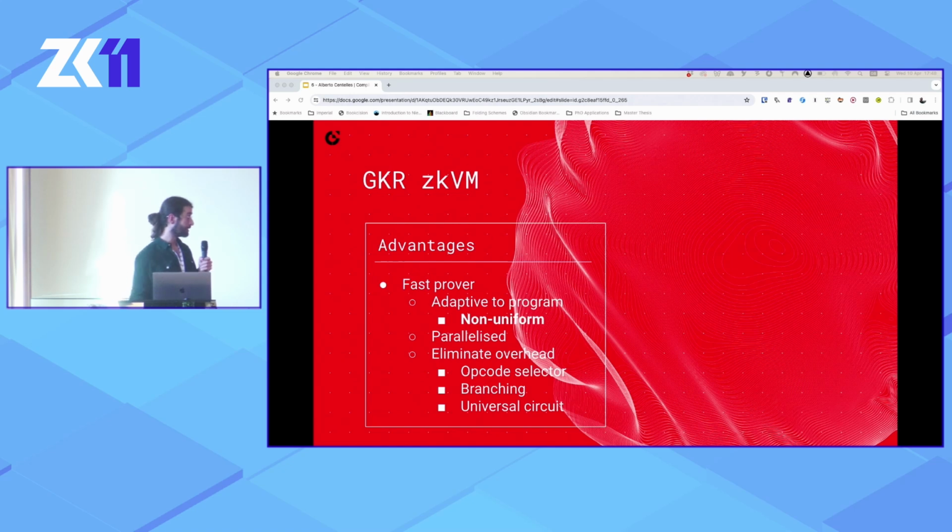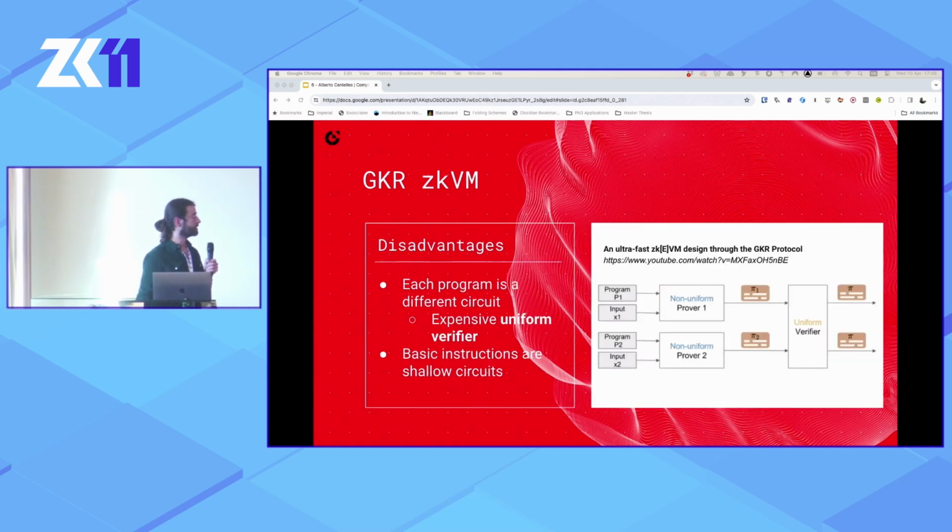It can be parallelized, because now we have identified these data parallel circuits, and then we can apply the distributed Virgo prover, for example, or the GKR algorithm as they show here. And then they eliminate the overhead that we were seeing, for example, in IVC, of opcode selectors, branching, and the universal circuit.